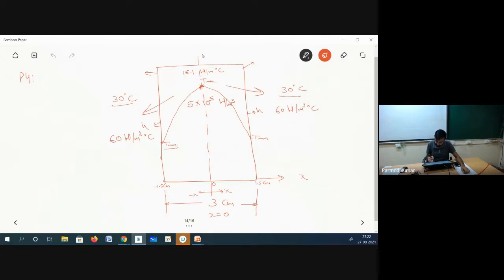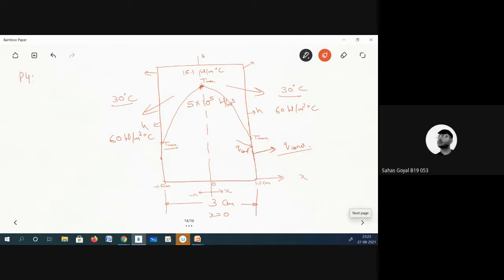And for the second condition, what will be happening at this interface boundary? Whatever heat is coming through the conduction inside, only that heat will now be convected outside. Under the steady state condition, whatever conduction is happening at the boundary, the same heat will be convected outside. Is this point clear? Yes.